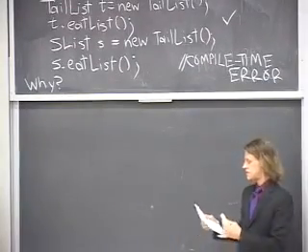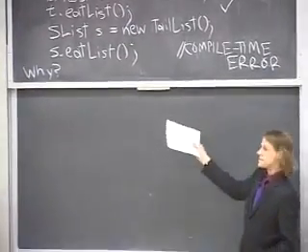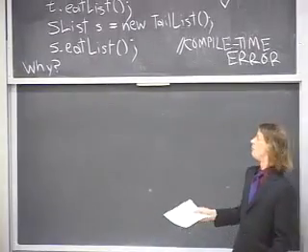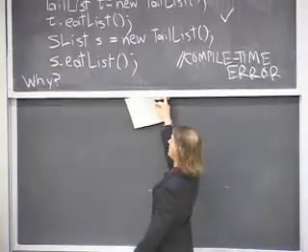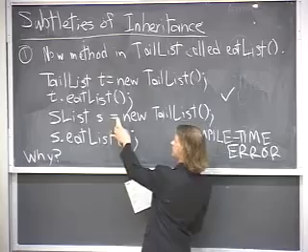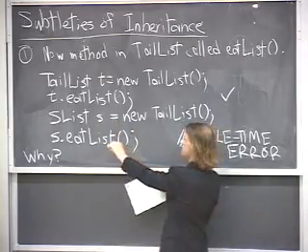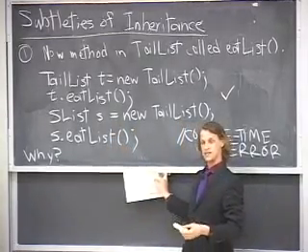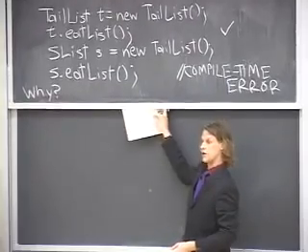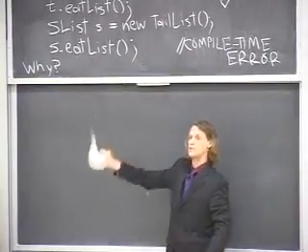The reason is that s is static type SList. Java compiles code one line at a time. So when it gets to this line, it's forgotten the previous line. All it knows is that s is an SList. It has no idea what s might point to, though. It could point to any type of SList object.